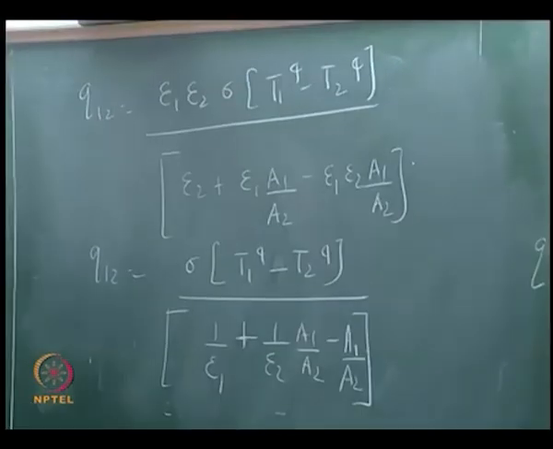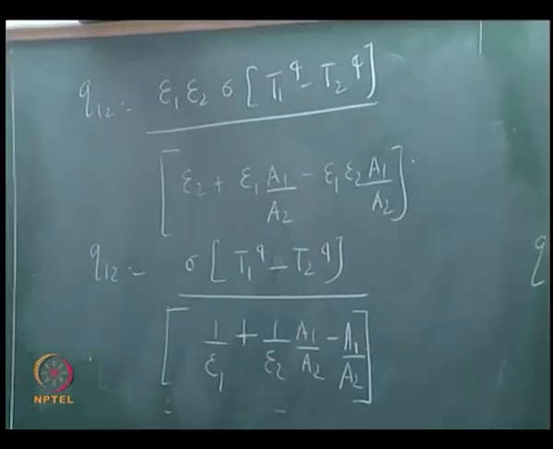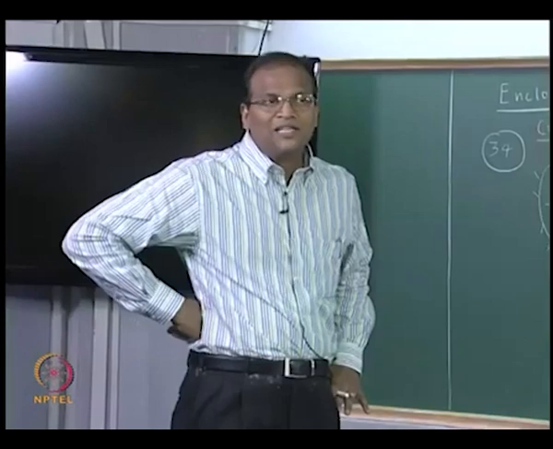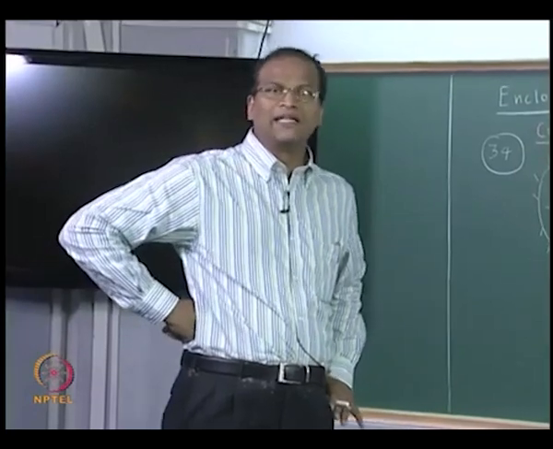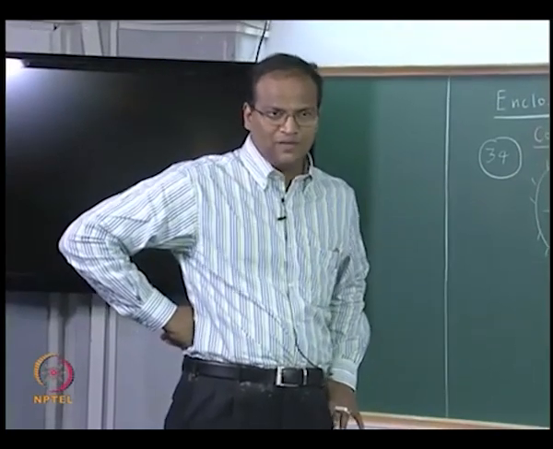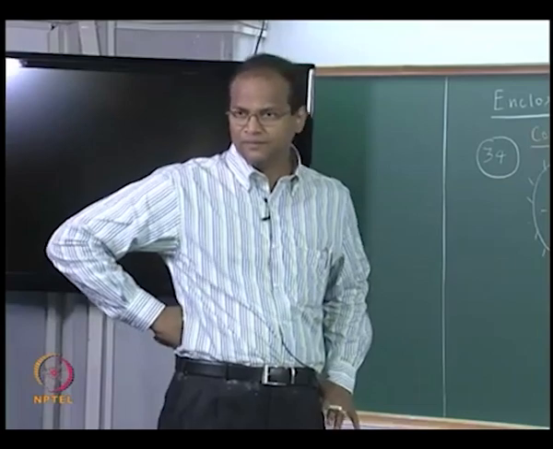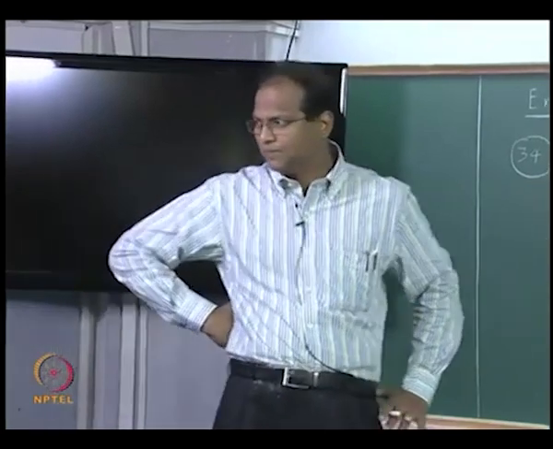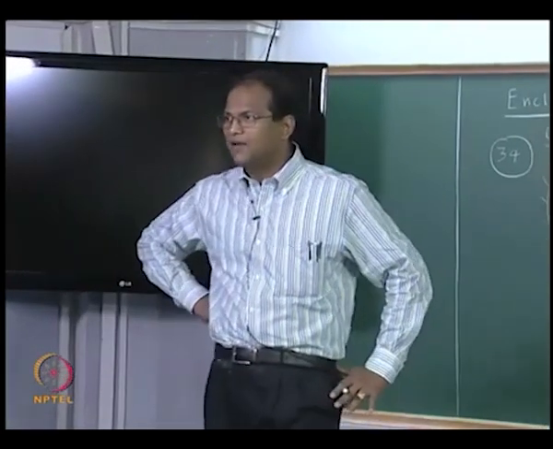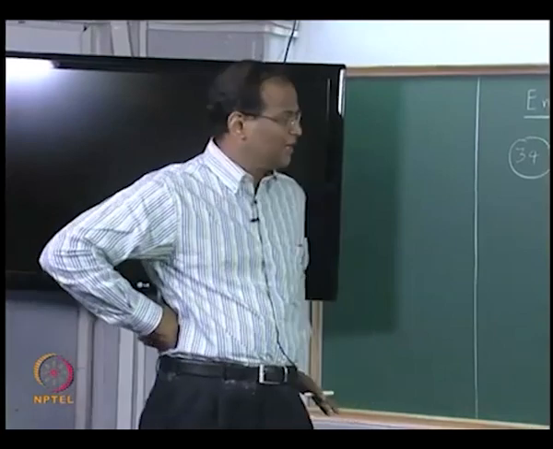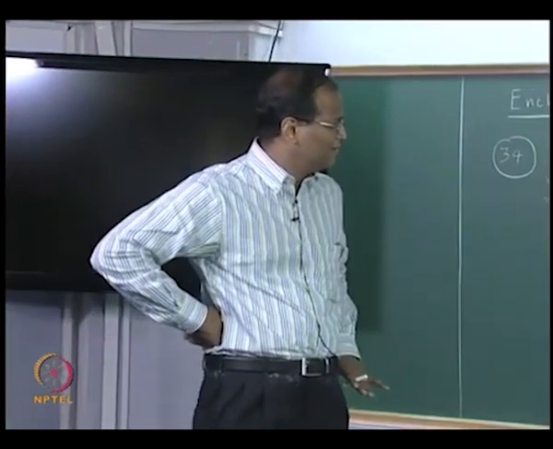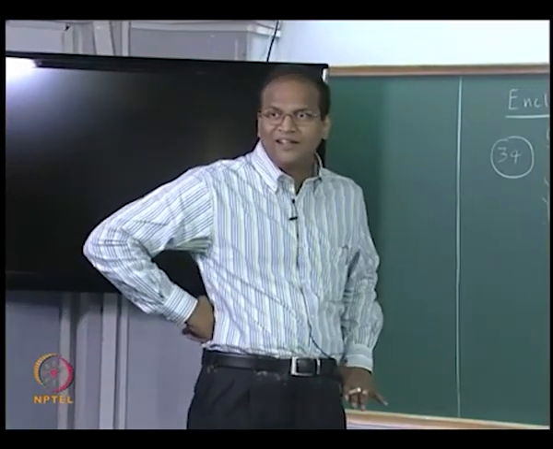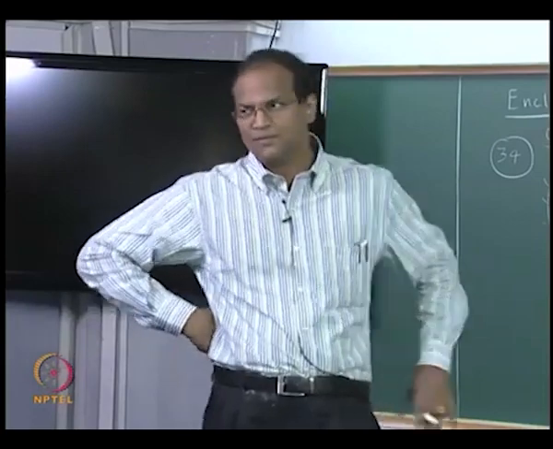A good check of this formula is if A1 by A2 equals 1, it will reduce to the parallel plate formula. The numerator will be the same, the denominator will be 1 by epsilon 1 plus 1 by epsilon 2 minus 1. So this formula displays asymptotic correctness. Therefore it has to be correct. No, it can be correct. At least it is not wrong; it is necessary but not sufficient.